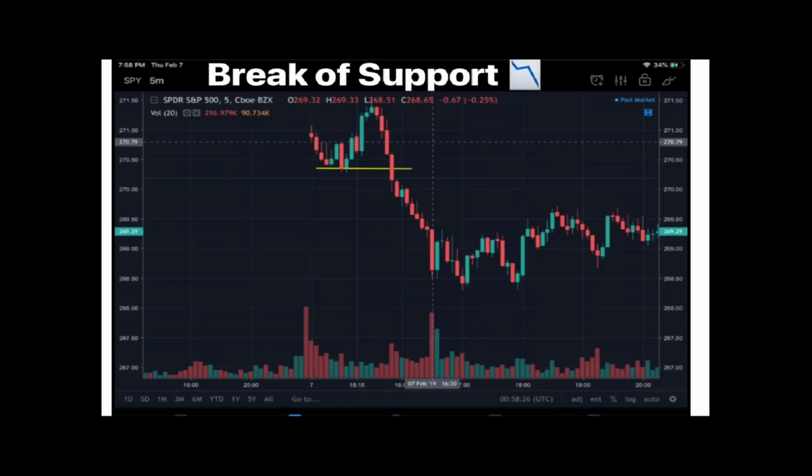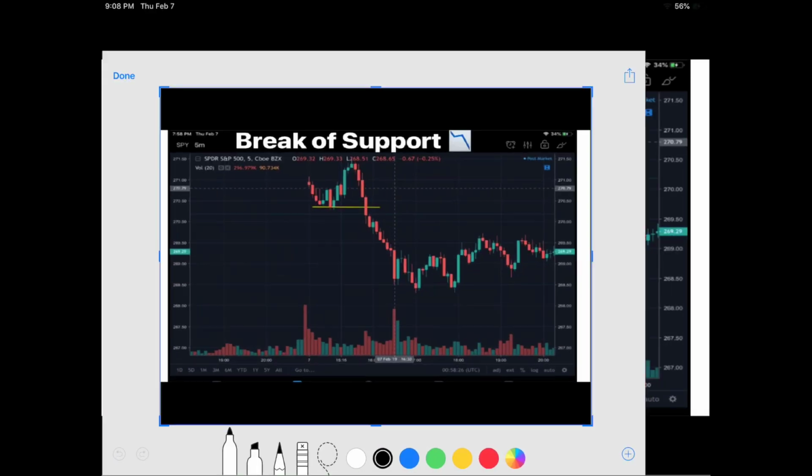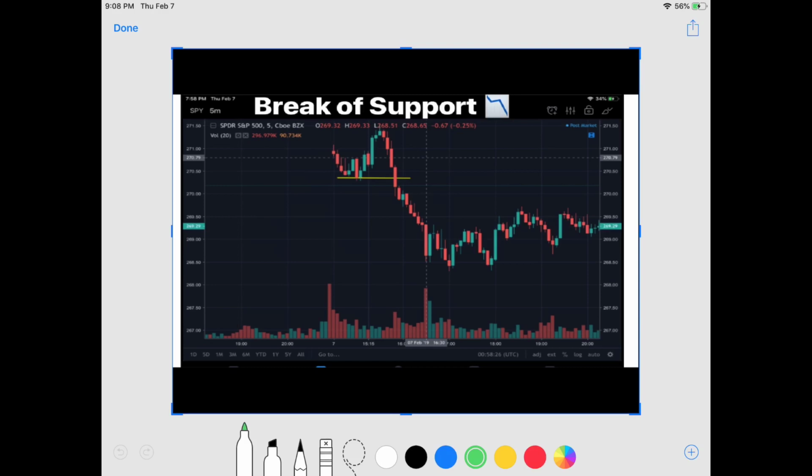Okay. Now, breaks of support. Let's get into it. Notice right here is our support line, and then it broke out right here, right? So, when it broke our support line, you saw a significant downtrend, right? And you see some rising volume right here, but not really a spike.